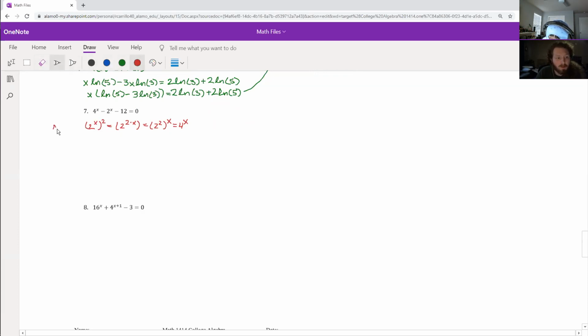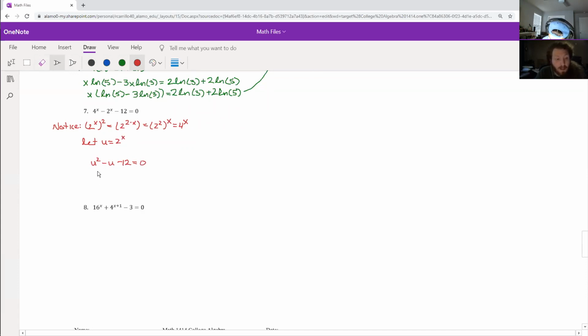Notice. All right. So let's let U equal 2 to the x. Right. So then we'll get U squared minus U. Just kidding. Although you could do it this way. Minus U minus 12 equals 0. All right.